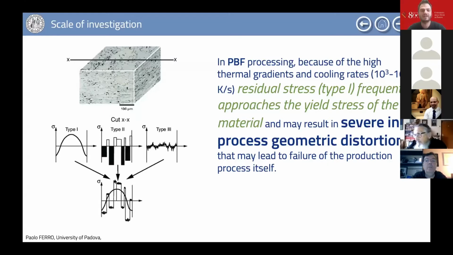Moreover, this residual stress may induce a very high distortion during the process itself that can, in some cases, stop the process because of the large distortions, above all if we are considering additive manufacturing processing.